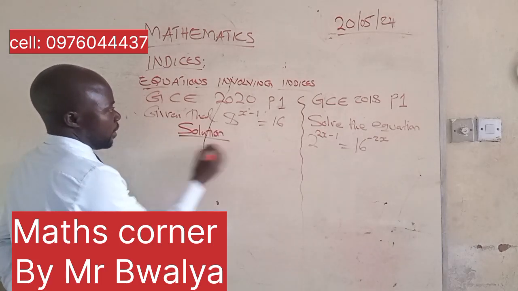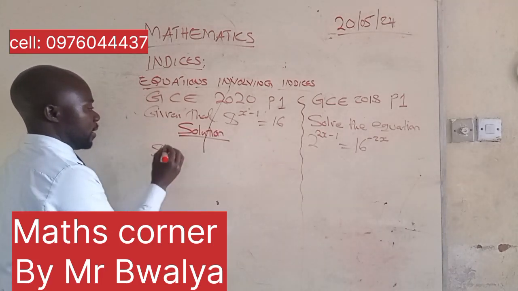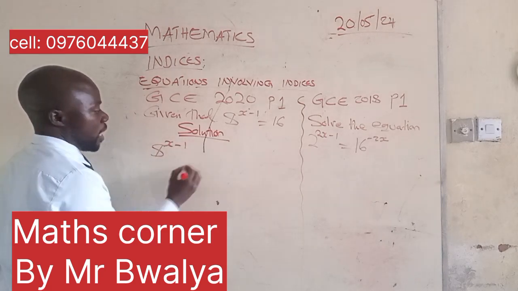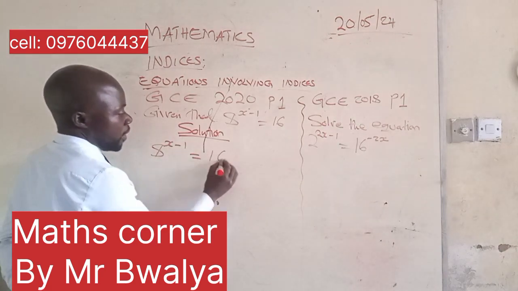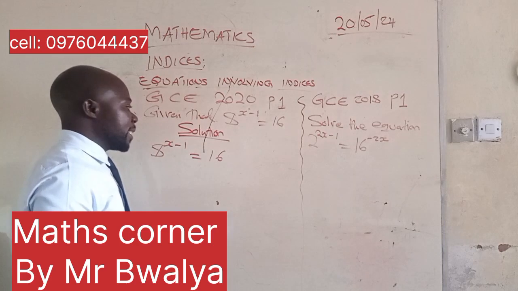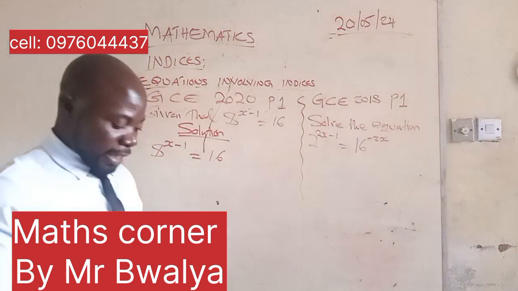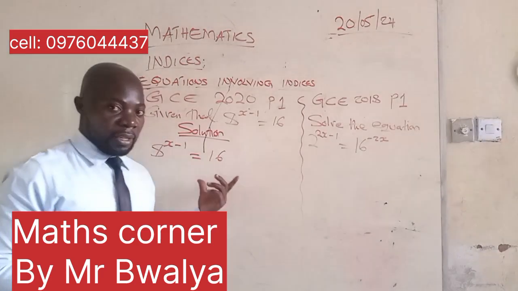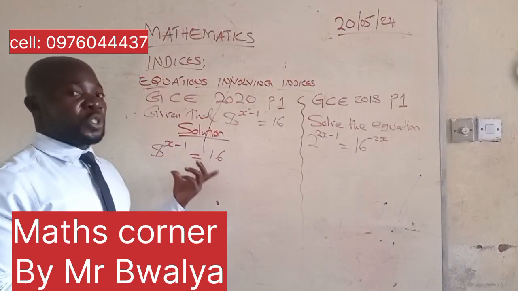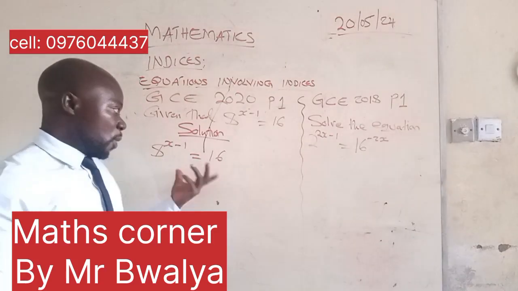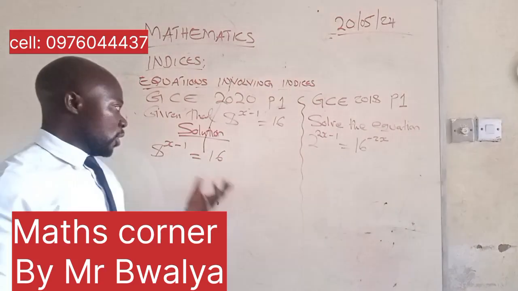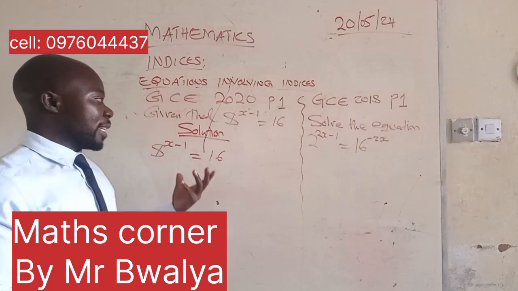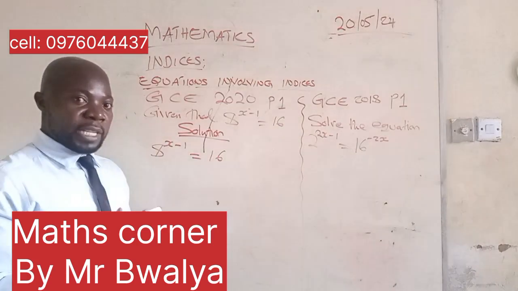Okay, been given 8 to the power x minus 1 is equal to 16. So as I said earlier on, you don't need to be scared when you see a question. Okay, these things, they don't speak, we speak. They don't think, we think. Okay, so look at it critically and apply the laws of indices.